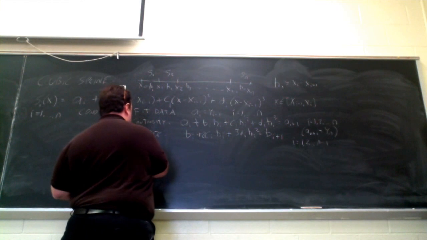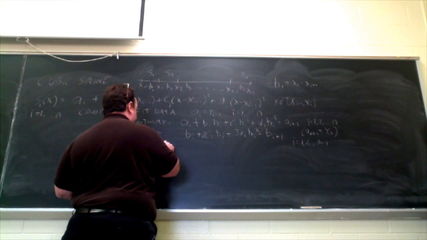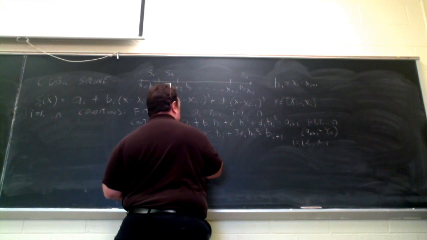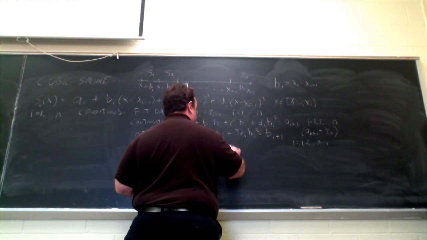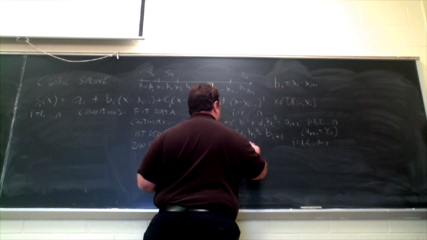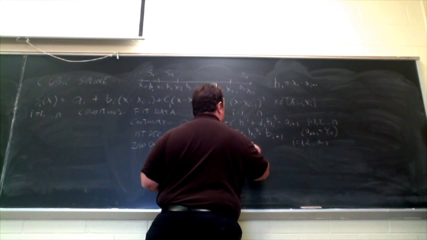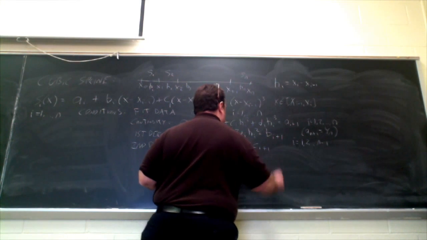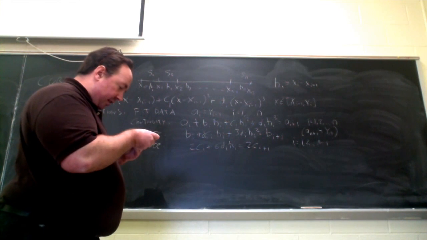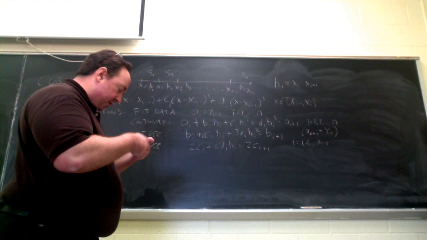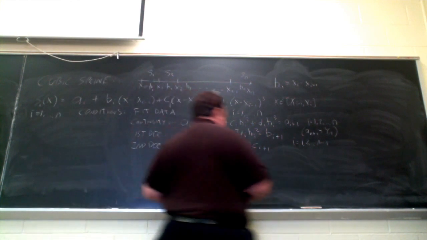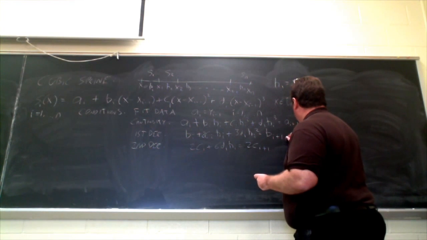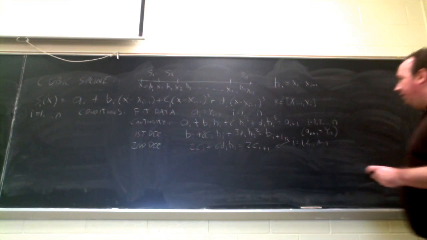And then continuity of the second derivative, 2c_i plus 6d_i h_i is equal to 2c_{i+1}, also for i equals 1 to n minus 1.